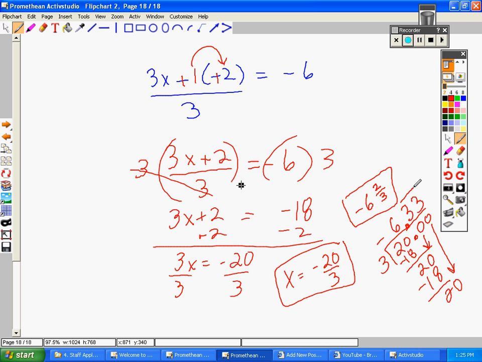So any of these answers would have been appropriate: negative 20 over 3, negative 6 2/3, or negative 6.66 repeating.